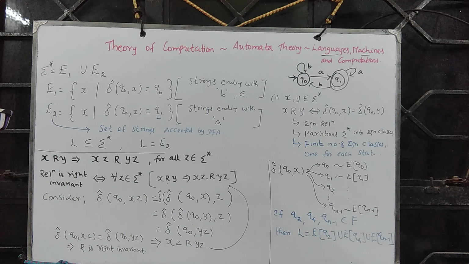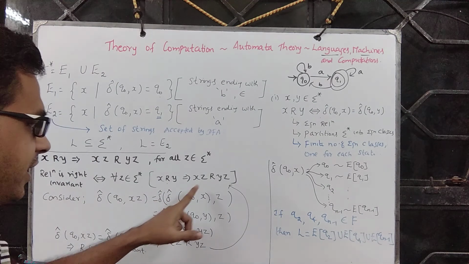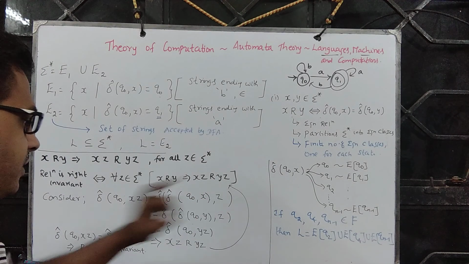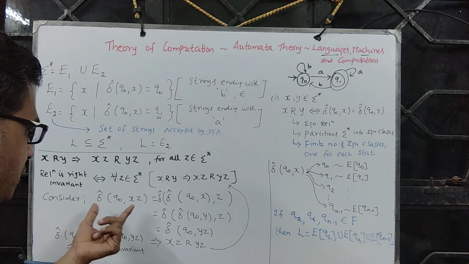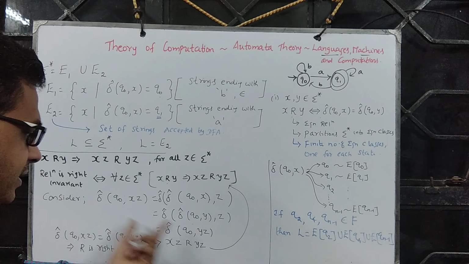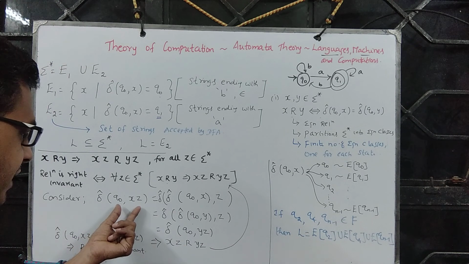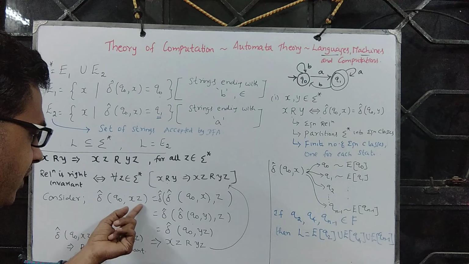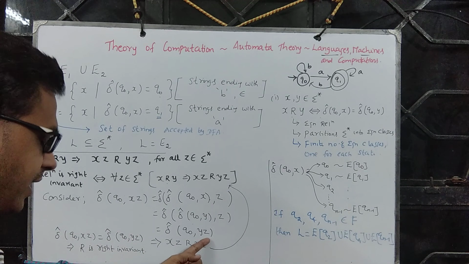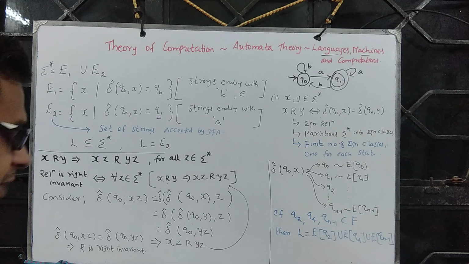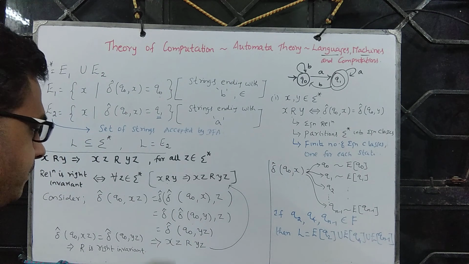Okay. So you get to see that if x is related to y, then xz is related to yz. To show that xz is related to yz, we will show that delta cap of q naught comma xz is the same as delta cap of q naught comma yz. The output state at which the automaton will be when we operate xz on q naught will be the same as the output state at which the automaton will be when we operate yz on q naught.